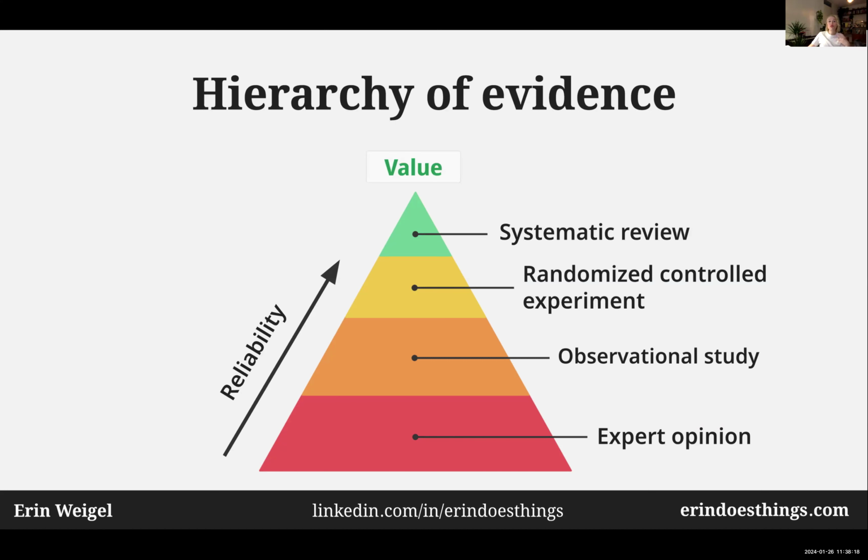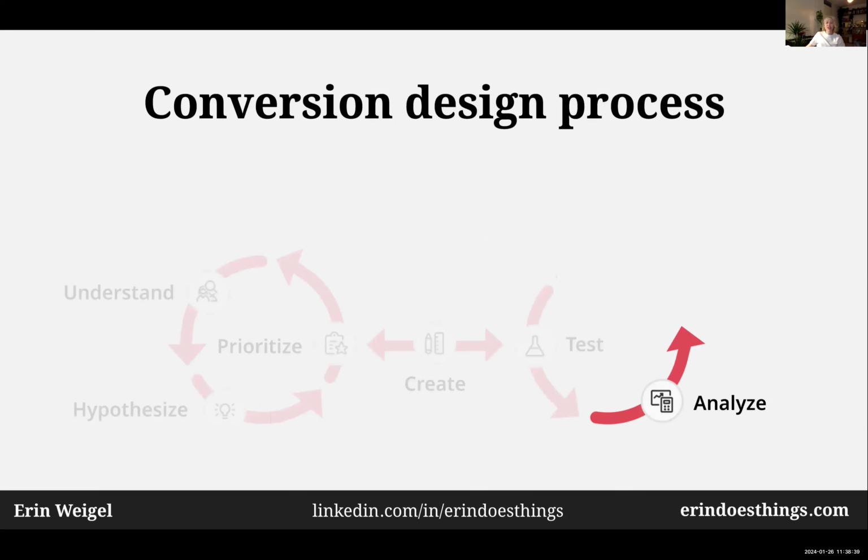And hopefully, when you've walked up the hierarchy of evidence by engaging in conversion design, you'll have hopefully been able to learn what is the thing that drives value for your customers, right? So as you learn, you go higher up the hierarchy of evidence to hopefully find your way to delivering value for your customers. Finally, you've got the analyze phase.